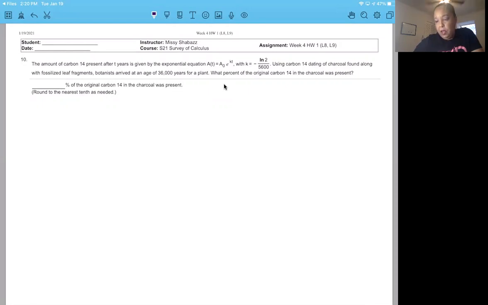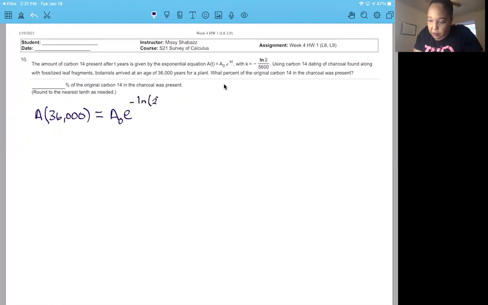And we are trying to figure out the percentage of the original amount. All right, so I have A of 36,000 equals A naught e to the K, negative natural log of 2 over 5,600, times 36,000.